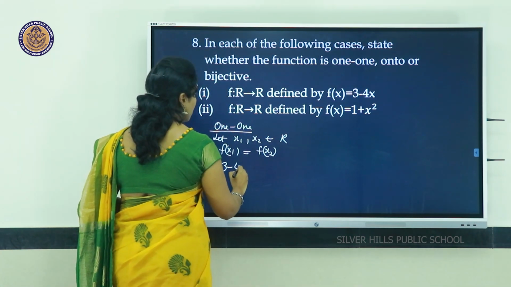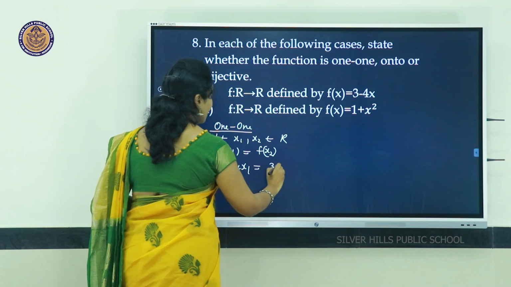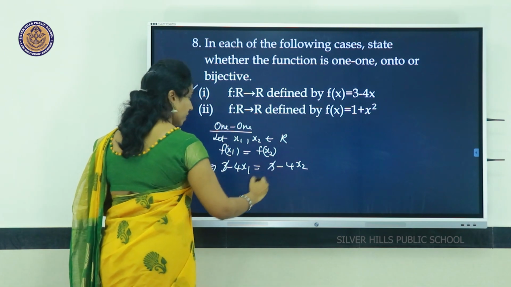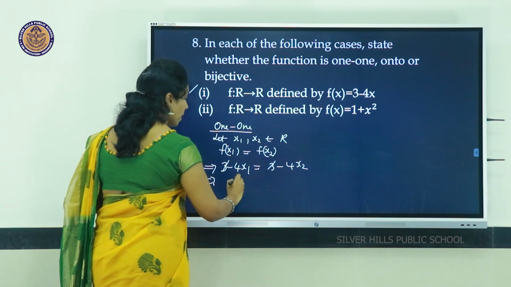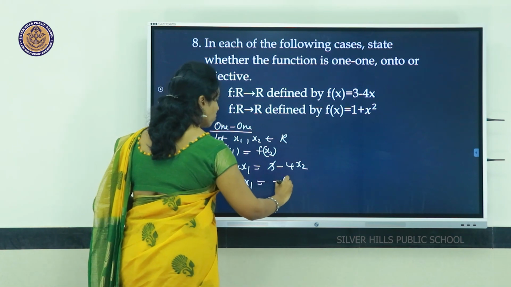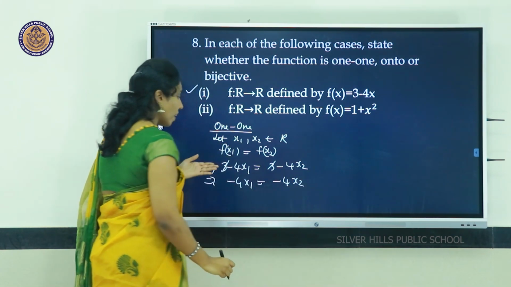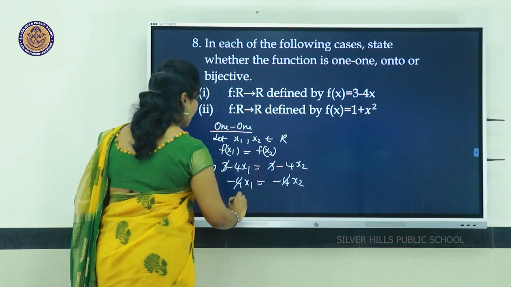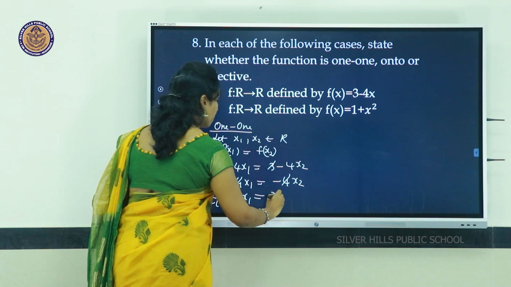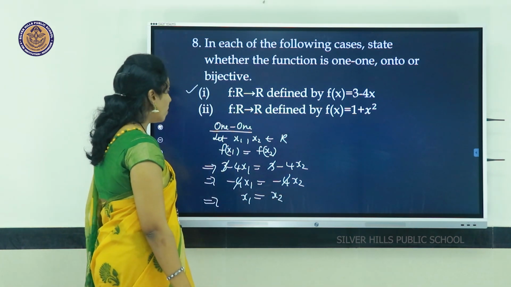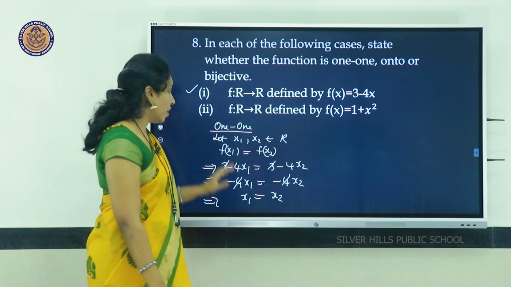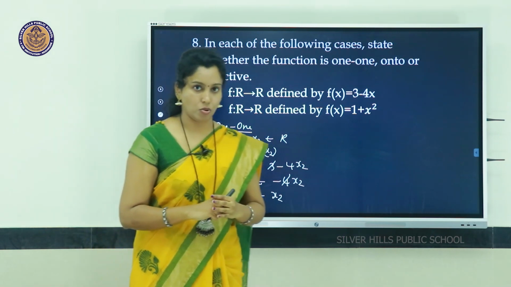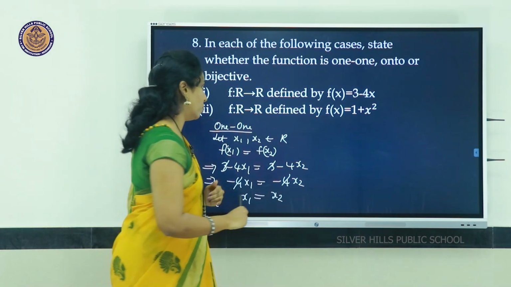So, 3 minus 4x1 is equal to 3 minus 4x2. 3 and 3 get cancelled, which implies -4x1 is equal to -4x2. Again I can cancel -4 and -4. So, we get x1 is equal to x2. So, we proved the given function is 1-1. f of x1 equal to f of x2 implies x1 is equal to x2. Now, let us check whether it is onto.